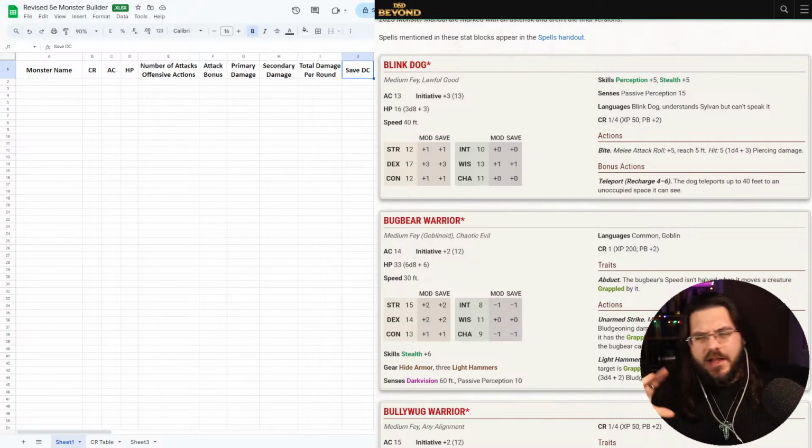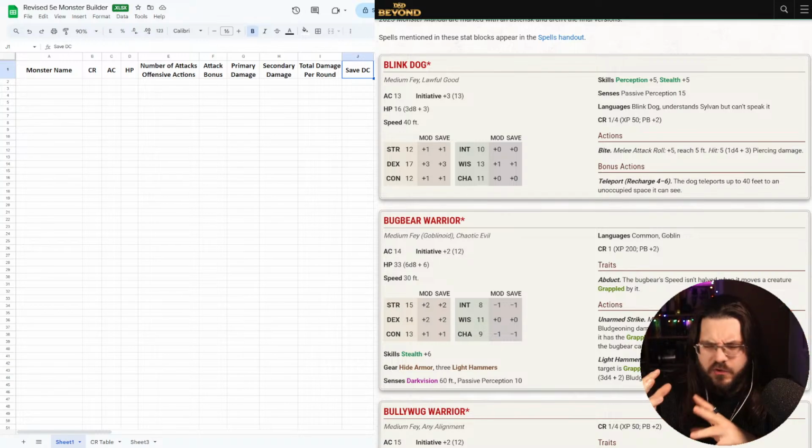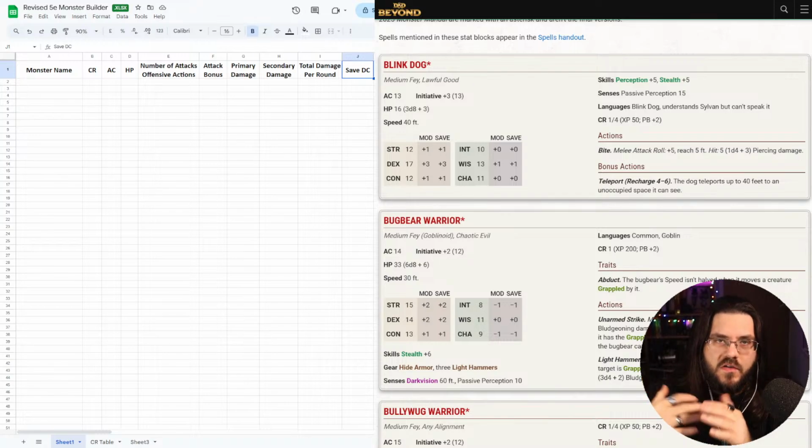So I've already done a little bit of prep work for this. You can see on the left here, I have got the start of a spreadsheet set up for monsters' names, CR, their AC, hit points, their number of attacks per round, their damage, their attack bonus, all that kind of stuff. And then over on the right, we've got D&D Beyond with the search for Uni, the little adventure that they released alongside the revised 5e books that's got some monsters in it.